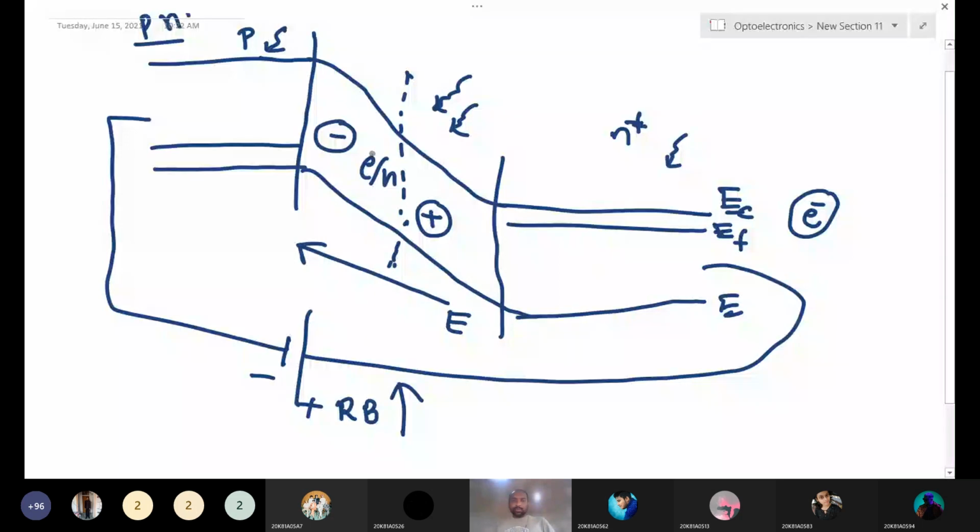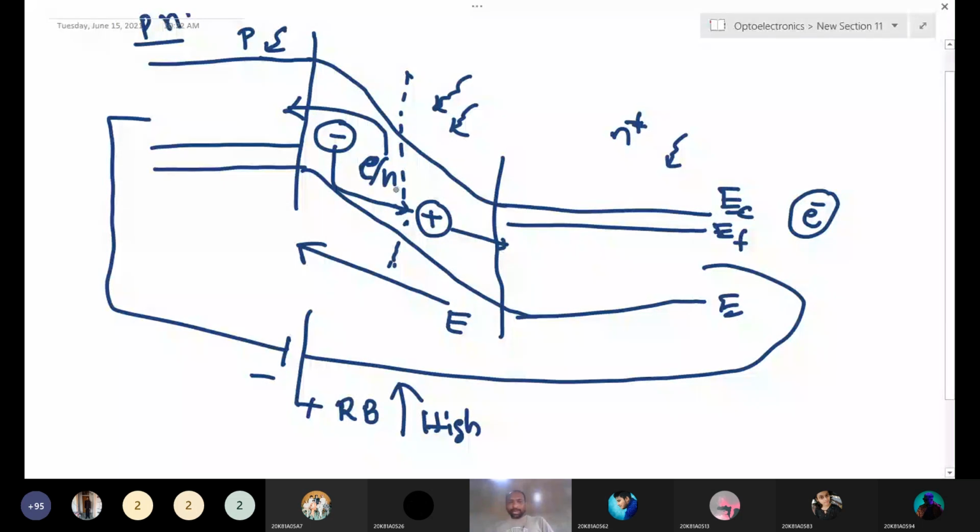While moving towards the n region, we have applied a very high reverse bias voltage, and there is also high doping. Because of the high reverse bias voltage, the electrons generated in the depletion region, or space charge region, receive high kinetic energy from the reverse bias voltage.